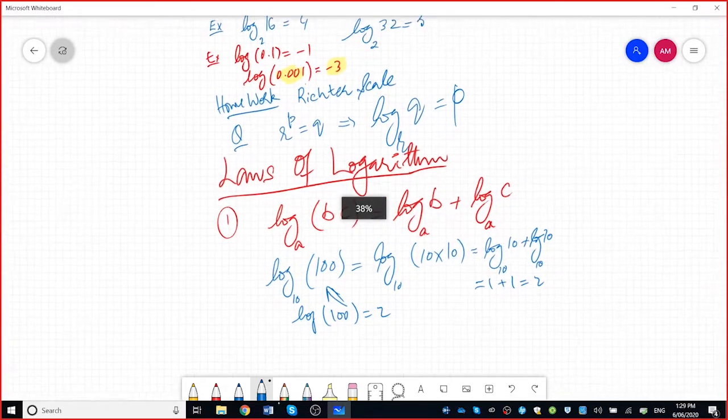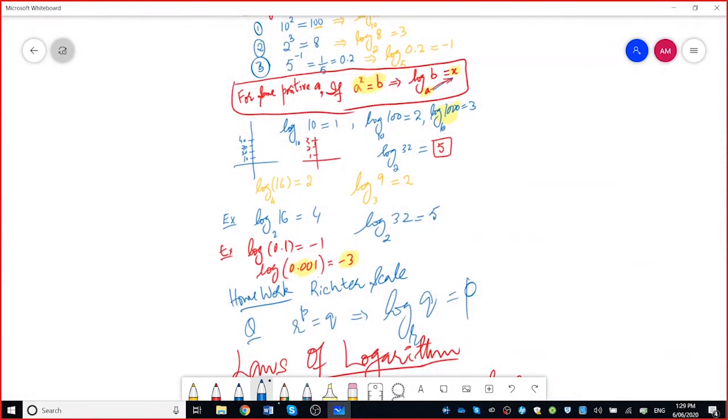So first of all, write in your notebook this one, which I am highlighting. Write this down, because I will give you a few questions to solve after these logarithmic formulas.